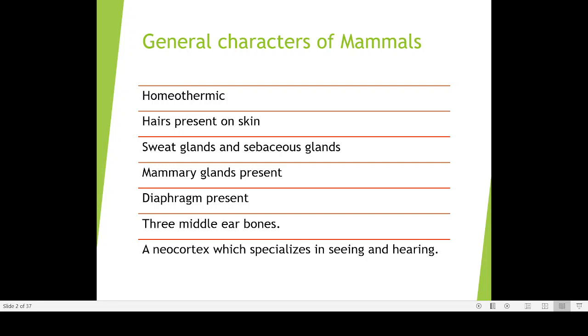In such a situation, our body has to generate heat, and there is an organ in our body which generates heat, namely the liver. The liver is the principal organ concerned with the production of heat, and that production of heat is an energy consuming process. So if you want to maintain a constant body temperature, your body needs to spend a lot of energy.